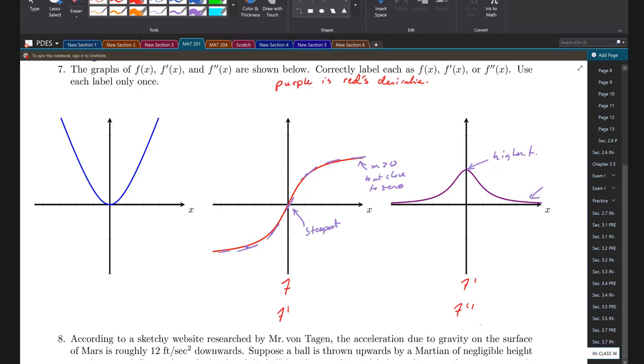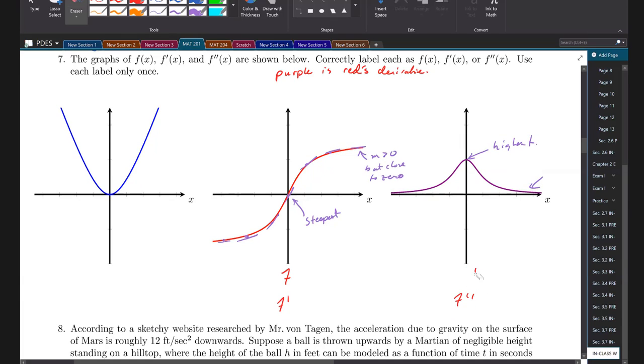I don't see any function that matches that, right? Having a hard time reading you, folks. Does that make sense? Okay. So I think that means that we're actually in this scenario here where purple is f double prime, red is f prime, and so by a process of elimination, that would make blue f.